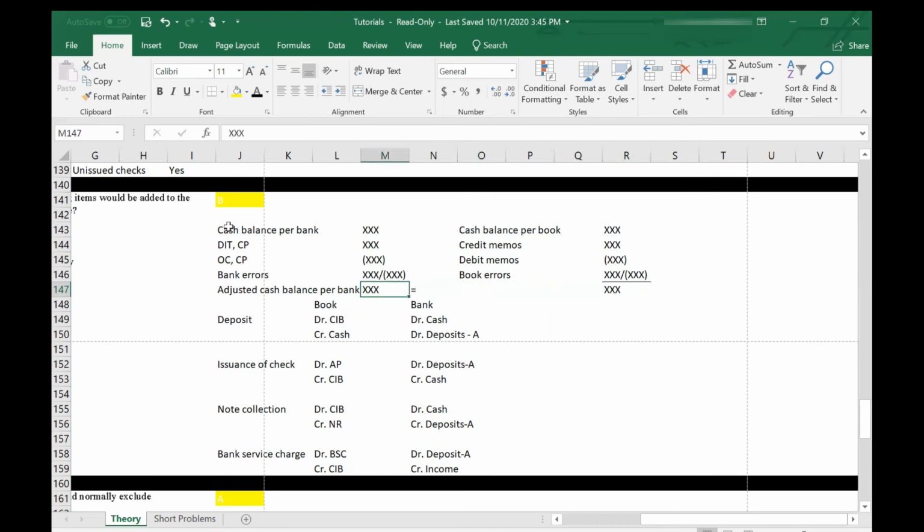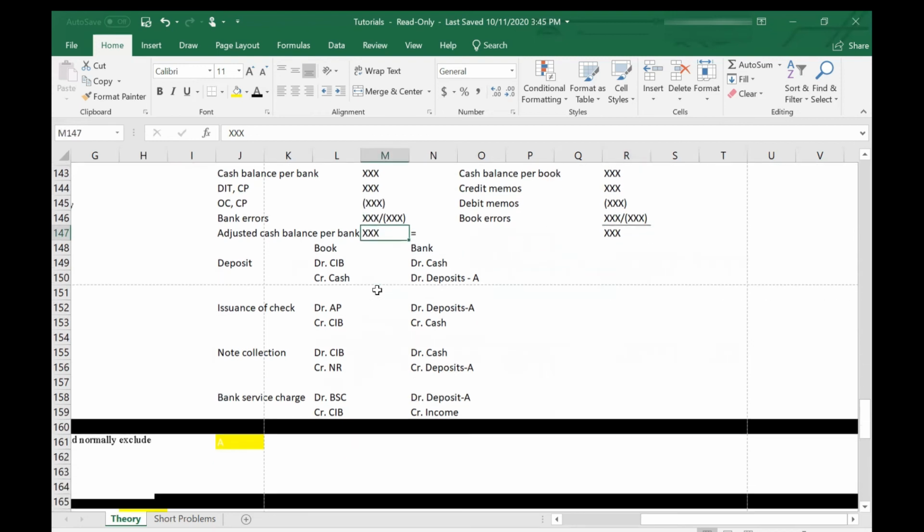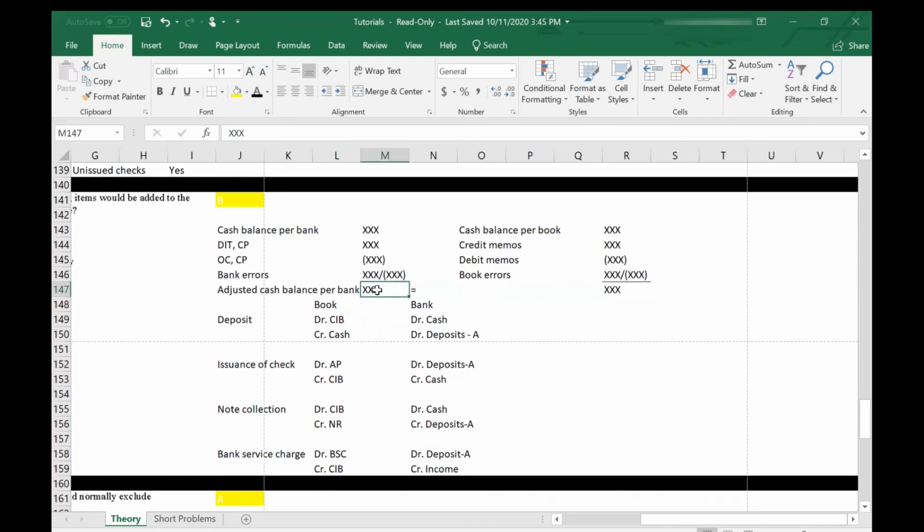Why? Because banks usually have more intricate systems. Siguro mas mataas yung control nila in terms of recording. So there's a less probability that the bank will commit the error. Most probably it's the company which committed the error. So in case, no, but I don't think this will happen, in case the adjusted cash balance per bank will not be equal to the adjusted cash balance per book, then you use that adjusted cash balance per bank.